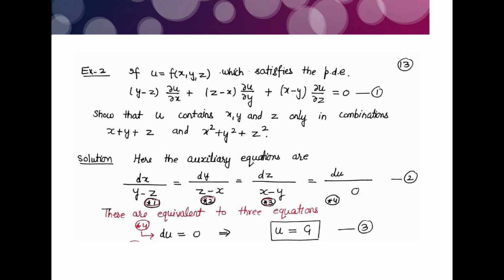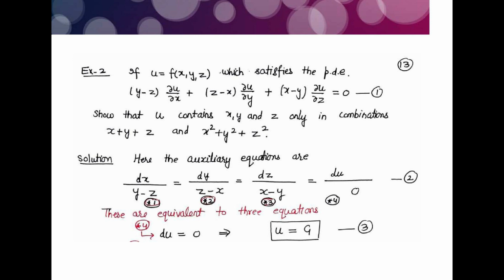Now to solve this one, we write down the auxiliary equations given by 2: dx upon y minus z, dy upon z minus x, dz upon x minus y. This is equal to du upon 0. So as I told you, these are three equations. So we solve them and we find out three curves.